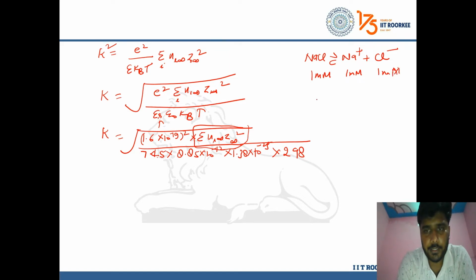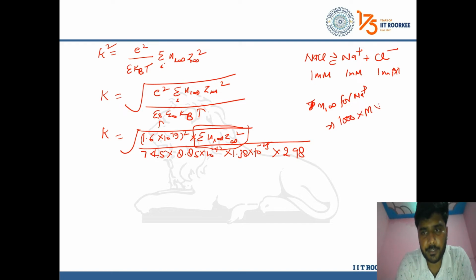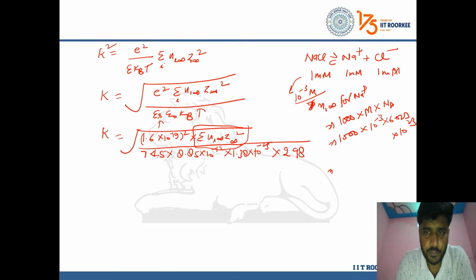So for calculating this term for sodium ions, what you have to do is 1000 multiplied by molar concentration into Avogadro number. So 1000 and convert into 10 raised to minus 3 molar. So 10 raised to minus 3 into 6.023 10 raised to 23. Okay, this will cancel out.